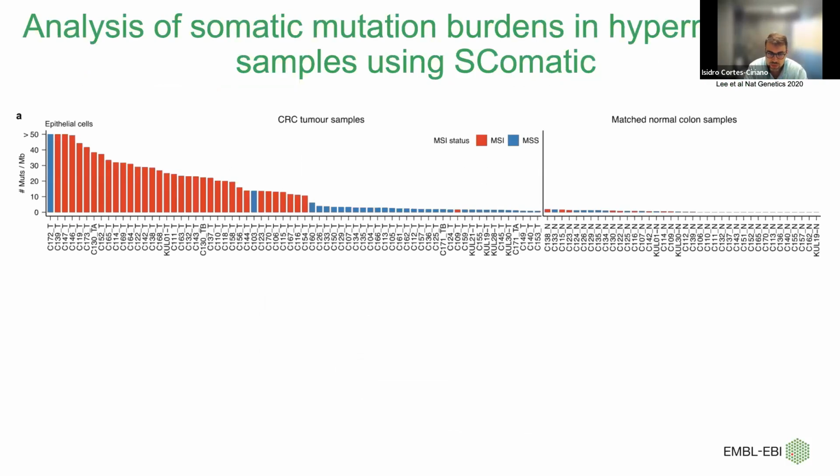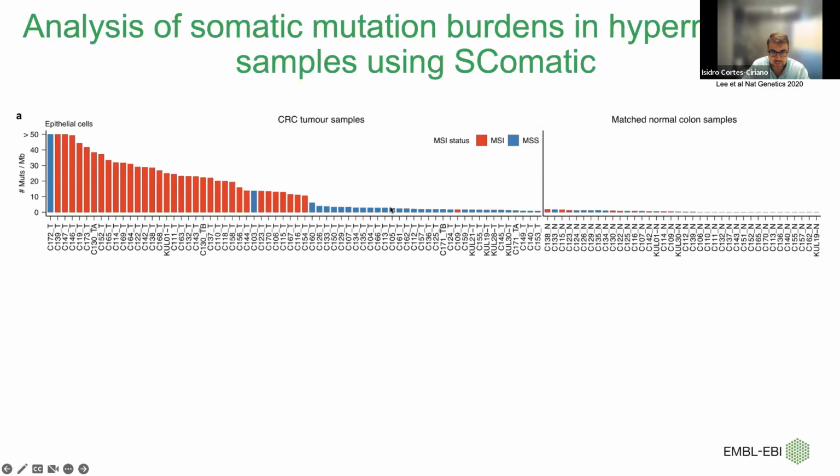This is very useful for development purposes because we know that in MSI samples, which are colored here in red, the rate of mutations is much higher than in those with microsatellite stable phenotypes, which are shown here in blue. And in these cases, we also have matched samples from the colon, in which we know that the mutation rate is much, much lower.